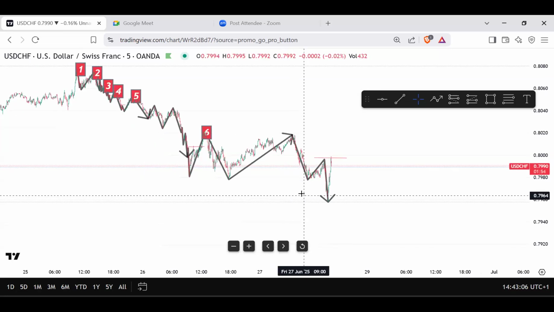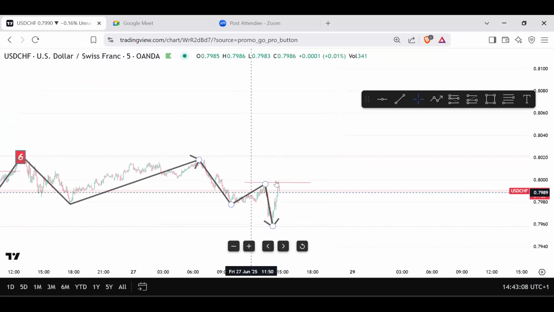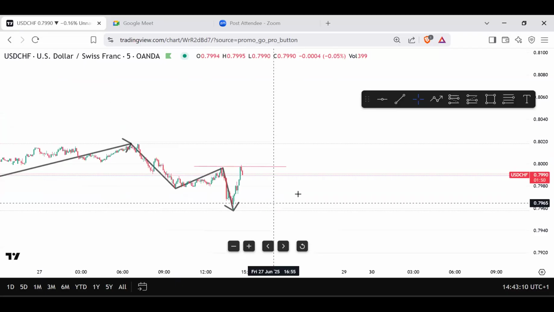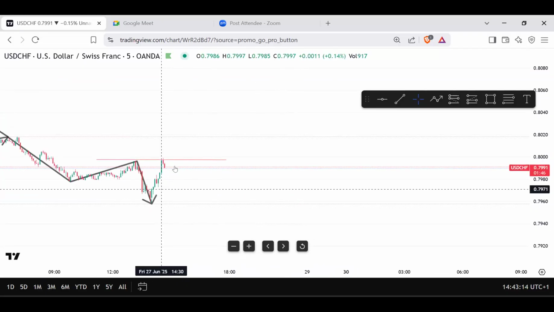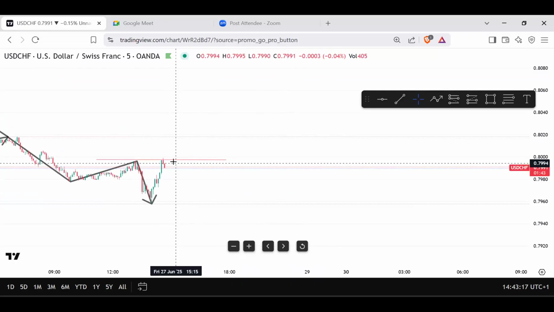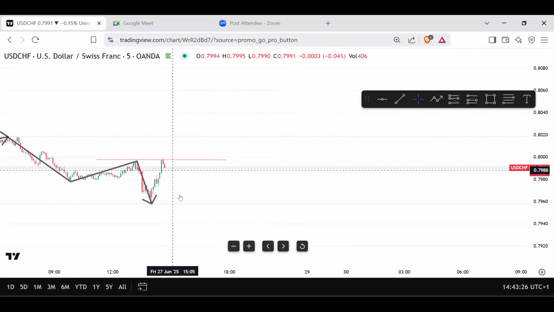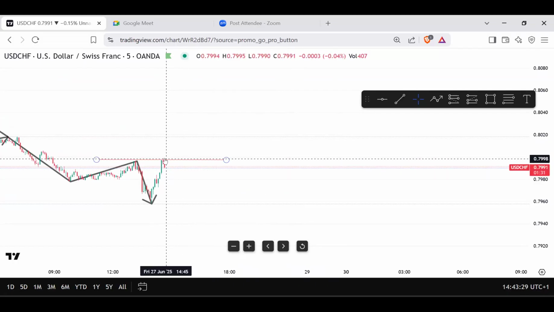Now another impulse and correction has happened, so it's likely that the downtrend continues from here. Not certain, but most likely. So if I short the market now, there's a high chance of making a profit.